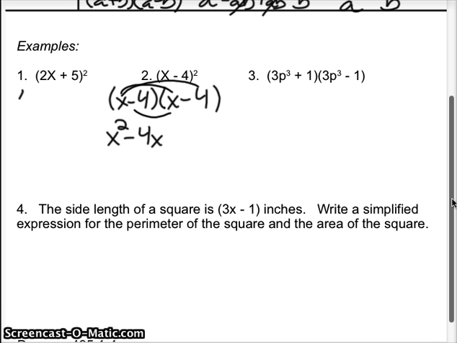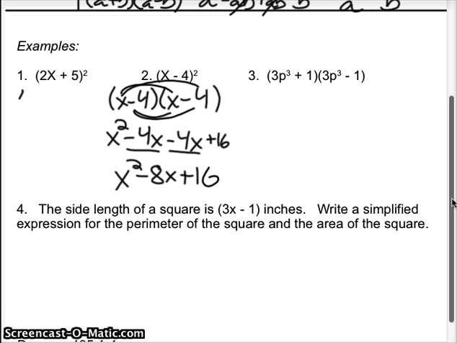I for inside, -4 times x gives me another -4x. And L for last, -4 times -4 gives us a positive 16. So I combine my like terms, -4x and -4x, which gives me -8x. And there we have our expanded polynomial.